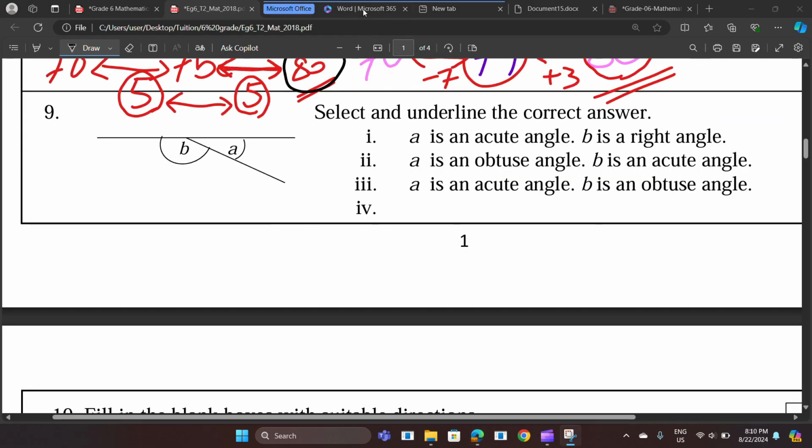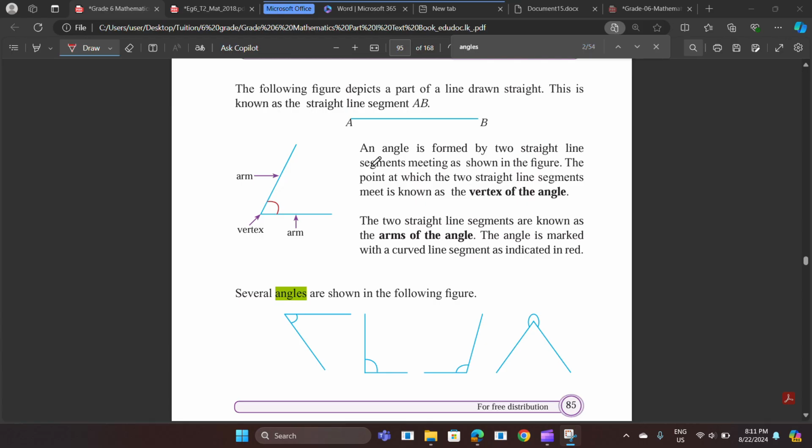The ninth question is asking about angles. What are angles? You have learned this in your textbook. An angle is formed by two straight line segments meeting, as shown in the figure. Two straight lines meet at one point, right? That point is called the vertex.